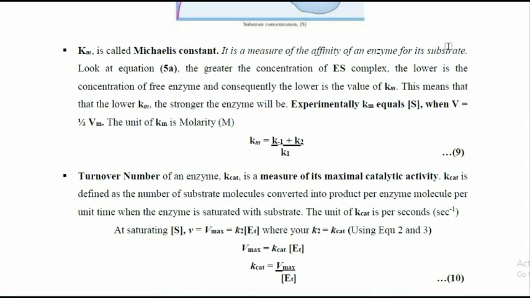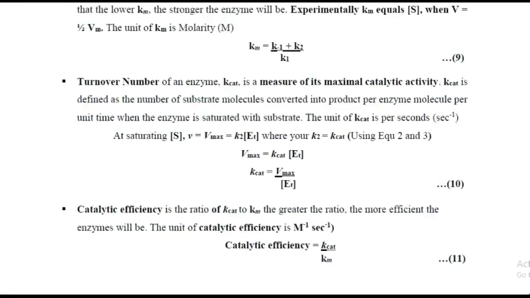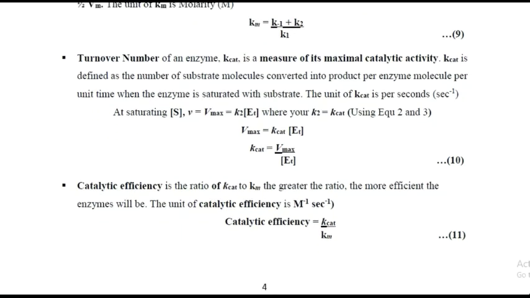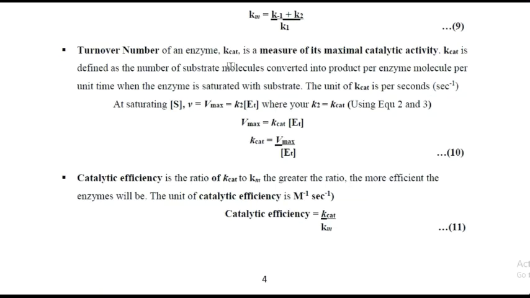And this is the formula: Km equals K minus 1 plus K2 over K plus 1. I believe we can see it in our note. So don't forget, the lower the Km, the stronger your enzyme will be.